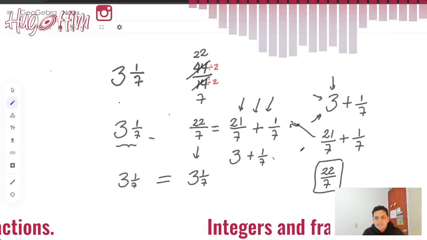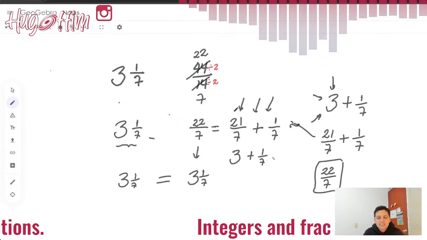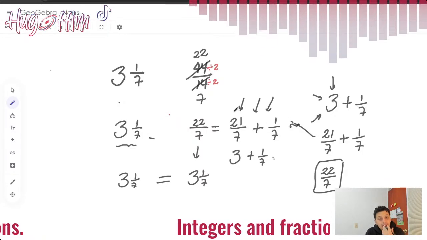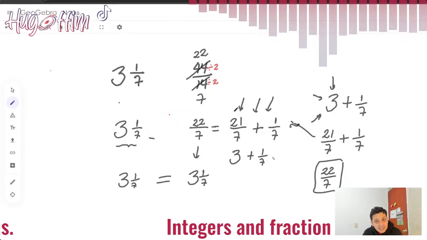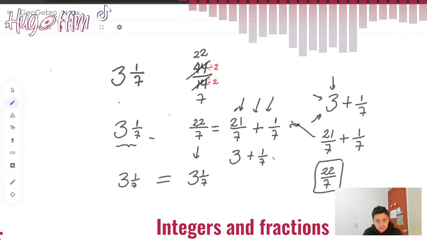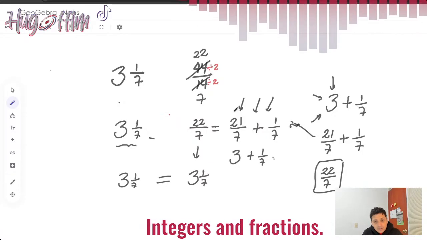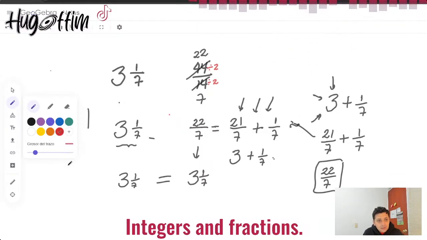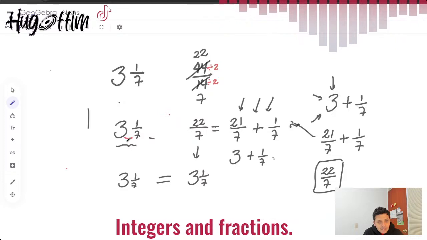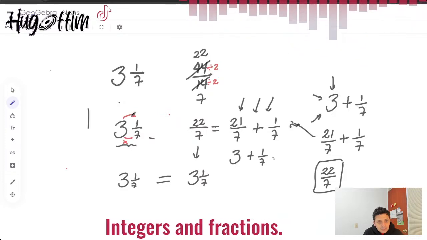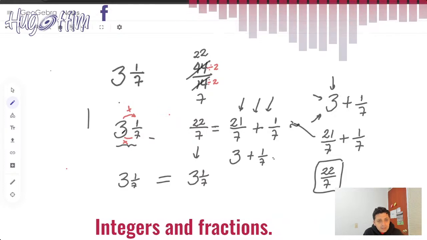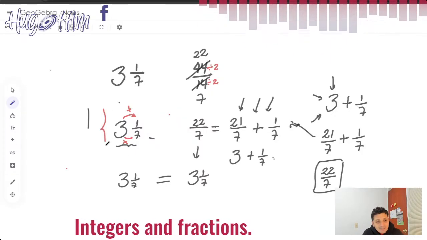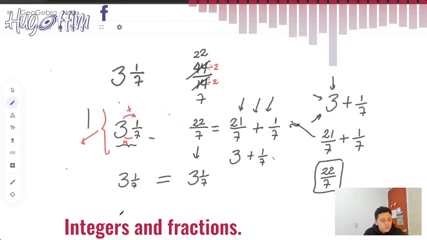Now, I know that there are strategies to convert mixed numbers to fractions, like multiplying, but you memorize the strategy when you understand this. I know that the strategy is to multiply by 7. I usually do this: 7 times 3, 21, plus 1, 22, and I put 22 over 7. This is like the mnemonic way to learn it.